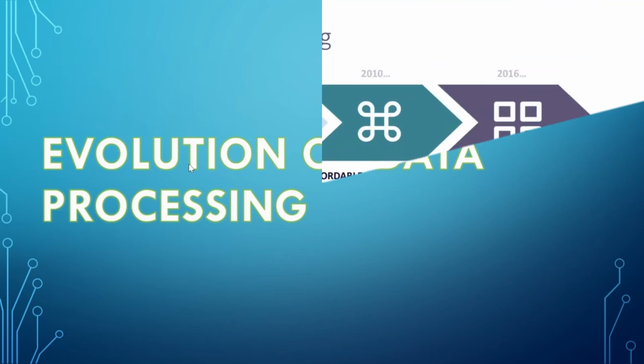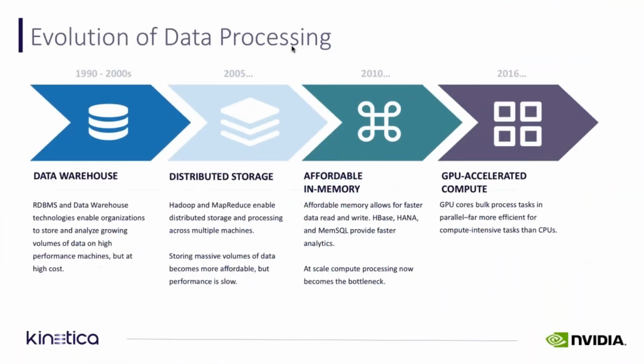So where this fits in the evolution of data processing, where a GPU accelerated database fits in, is as follows. The patterns of large-scale data warehousing are obviously well established, with lots of methodology and practice developed.